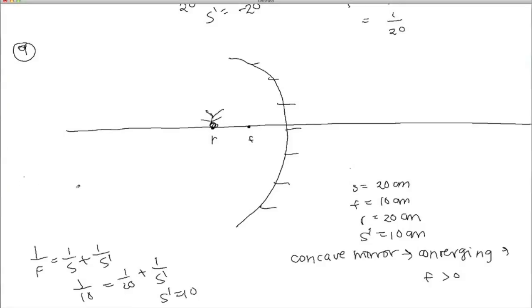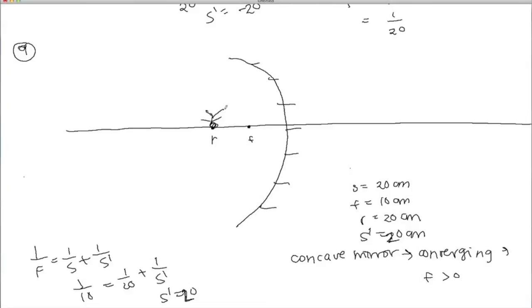How did you get this? S prime equals 10. This would be 1/10 minus 1/20. Oh, it's 20. Okay, so S prime is 20. The S prime is here. Good.